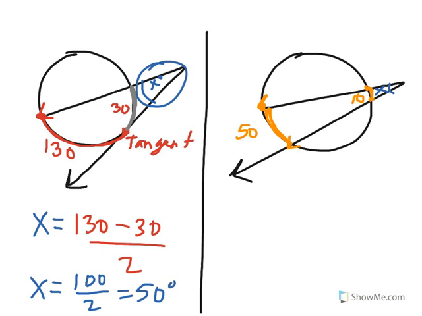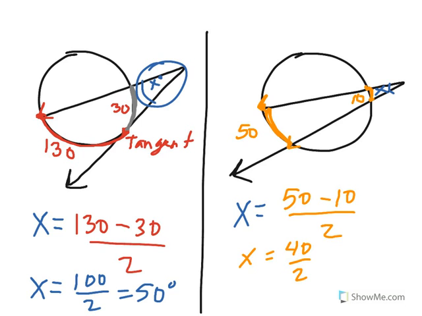That angle is going to be the big arc minus the little arc divided by 2. In this case, x is going to equal 40 divided by 2, which is 20 degrees. Now, that's a really small angle, but we look over here, and that looks like a pretty small angle to make this happen.